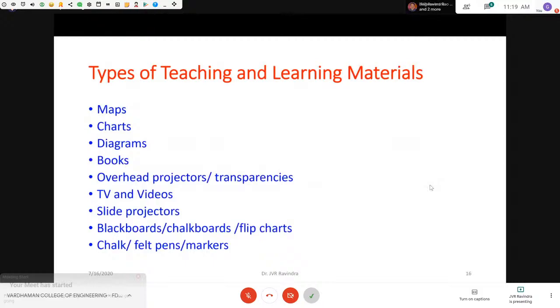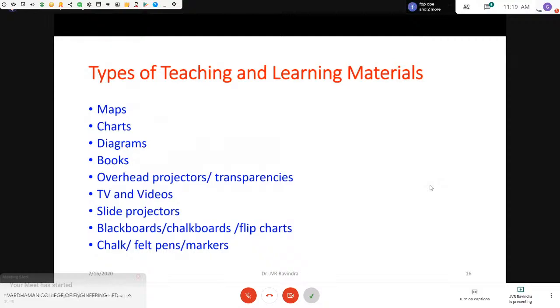Now, these are some types of teaching and learning materials. Both are mixed here, so let us look carefully. Maps, charts, diagrams. Most of the time, you give block diagrams as learning material to the students. That's what I said: they are called millennial students.